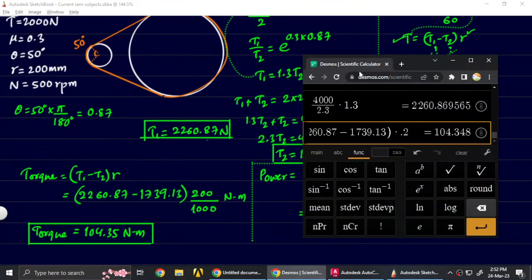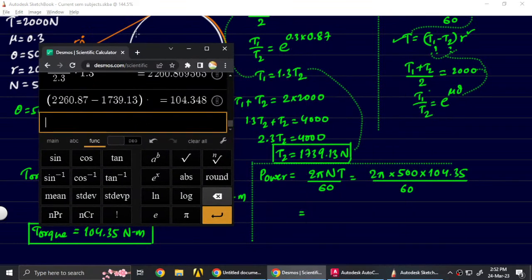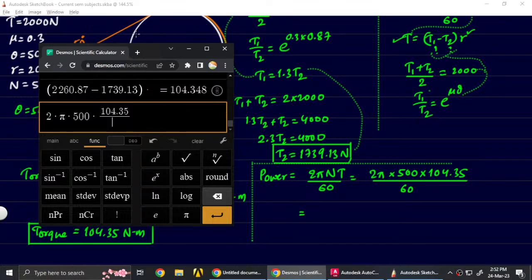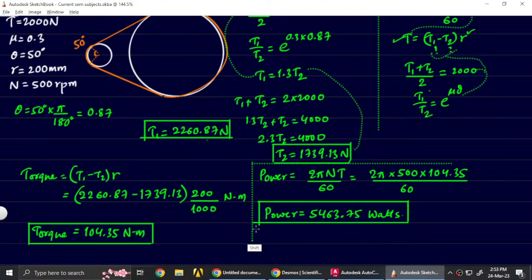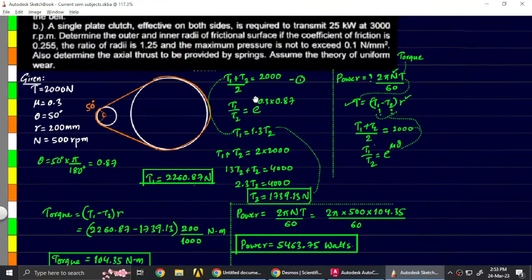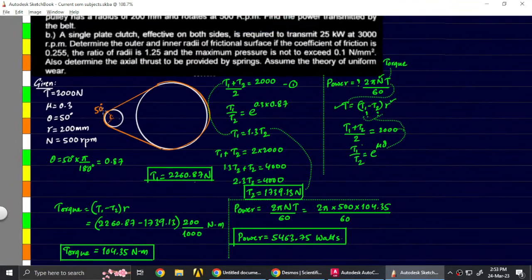That value will come out in watts. 2 times pi into 500 into 104.35 divided by 60, so 5463.75 watts. So that is the value of power. This is the solution for the A bit.